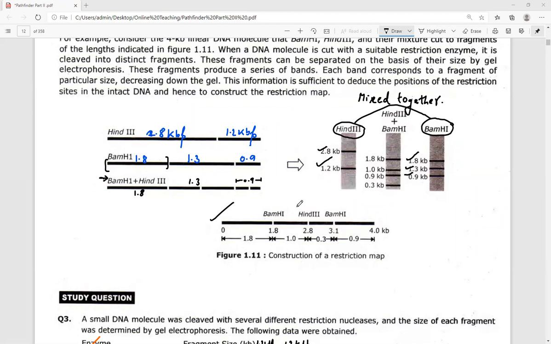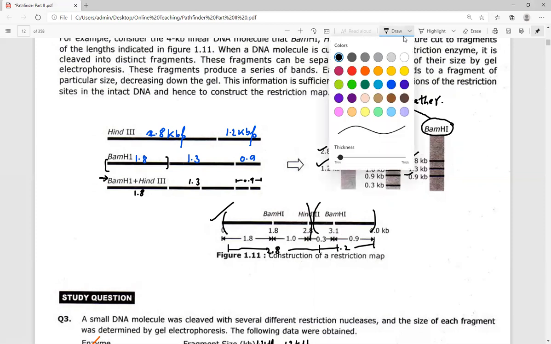This is the fragment of the HindIII. पहला फ्रेगमेंट हिंड थर्ड ने यहां पर बनाया, दूसरा फ्रेगमेंट हिंड थर्ड ने यहां पर बनाया. This fragment would be of 1.2 from here till here. This fragment will be of 2.8. Is this clear? Okay, probably this is clear to everyone because of HindIII.